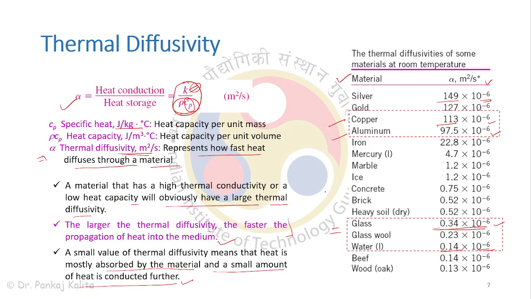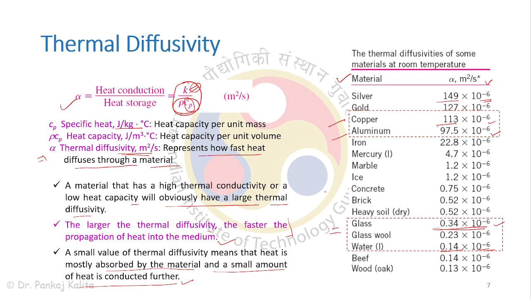Okay. Now thermal diffusivity. Thermal diffusivity basically means how fast the heat is transferred through the material. Basically it tells about how far. When heat is transferred to a material, a part of it is stored and a part of it is conducted. So if more is stored, less is conducted, right?